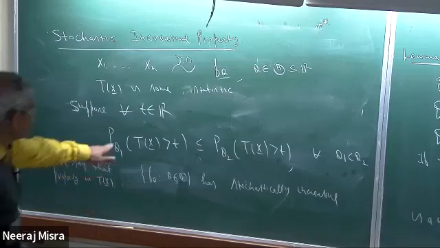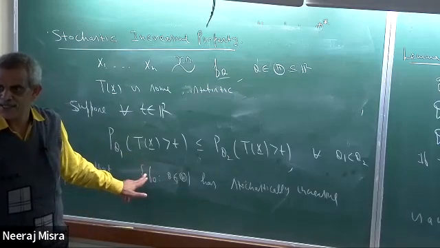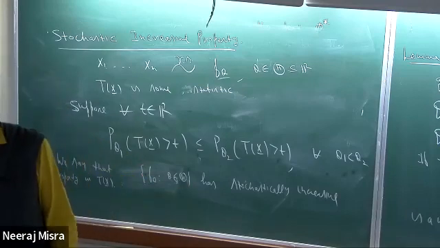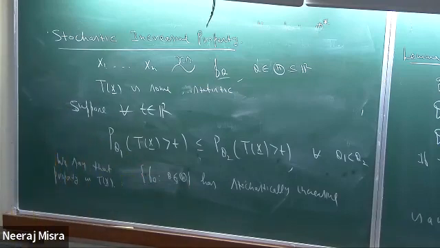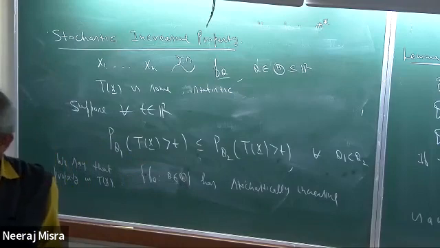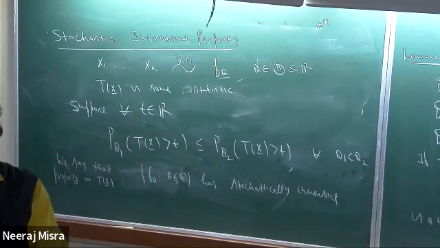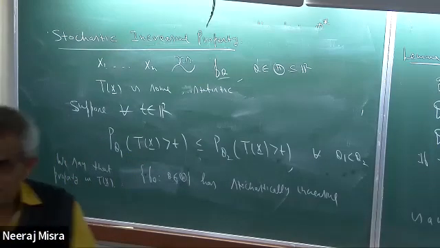This is the same as 1 minus the probability that T(X) is less than or equal to t, right? The 1 will get cancelled on both sides. So the distribution function of T(X) under theta 1 is the same as the distribution function of T(X) under theta 2. That means under theta 1 and theta 2, the distribution of T is the same. So it does not depend on theta, right?